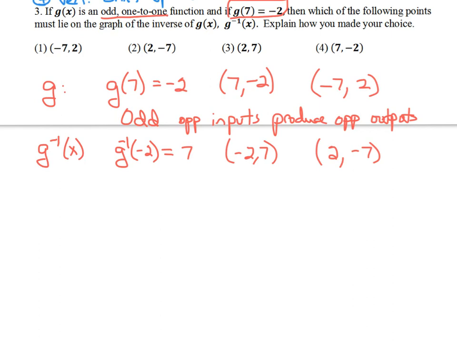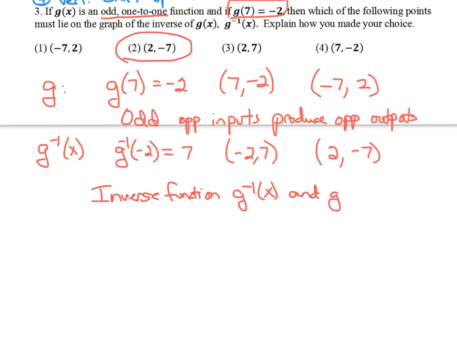So looking back on the choices, I see that the one that I'm going to pick is this point right here. So my explanation is that my inverse function g inverse of x, and g of x are both odd and 1-to-1.